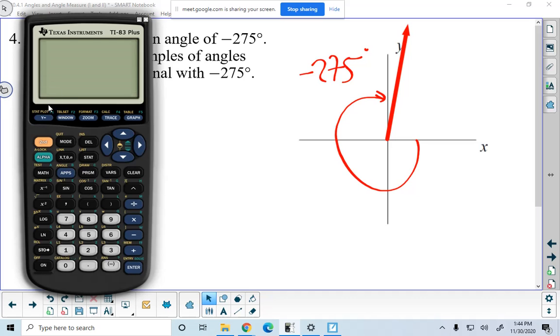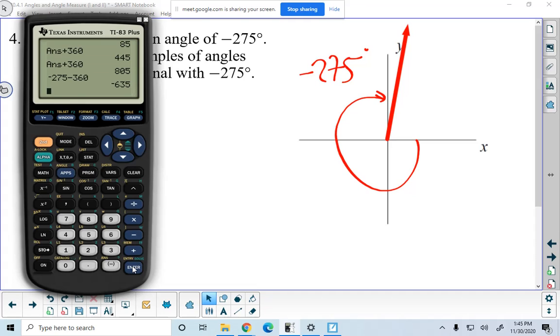If I take negative 275 and I add 360, 85 degrees is coterminal. So is 445 degrees. So is 805 degrees. If I wanted some other negative coterminal angles, I would go back to the original angle and subtract 360. So negative 635 is one, and you could continue in that fashion.